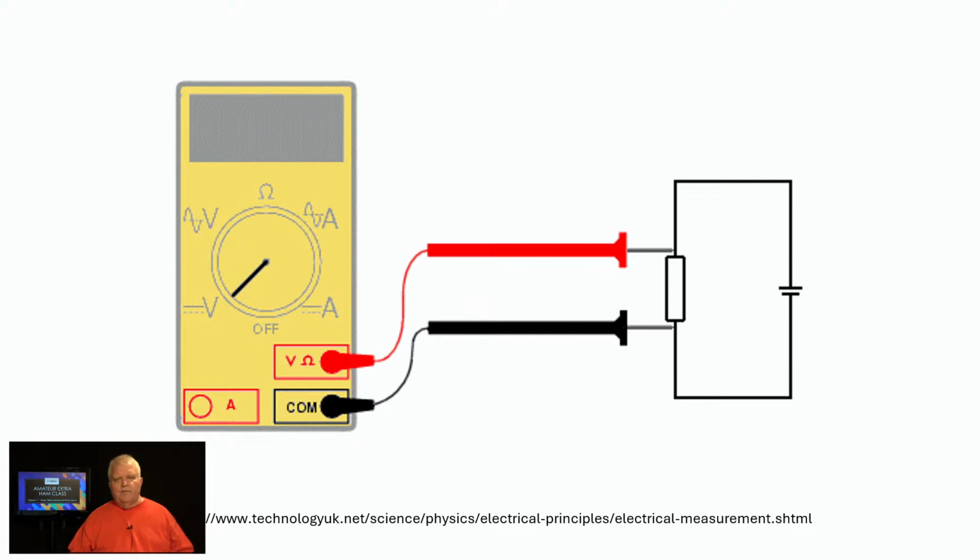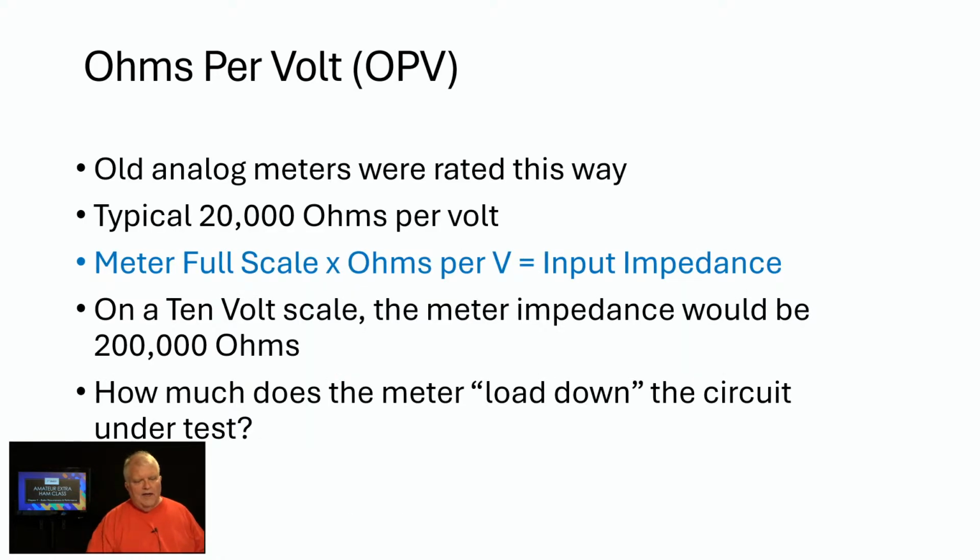They actually provide their own resistance to the circuit when measuring voltage in this case. And depending on how the multimeter is designed, it can actually change the voltage across the component that you're trying to measure. So old analog meters were rated in ohms per volt.